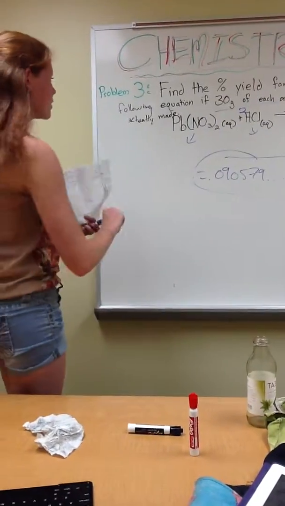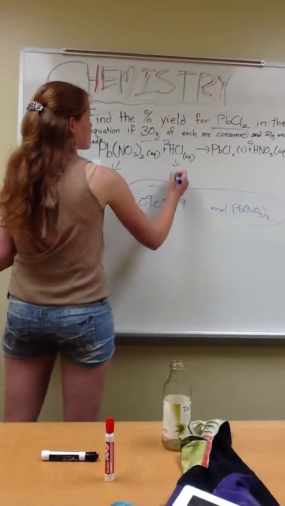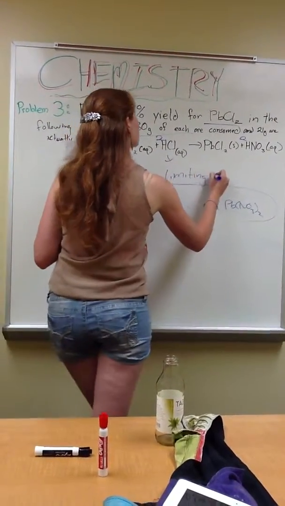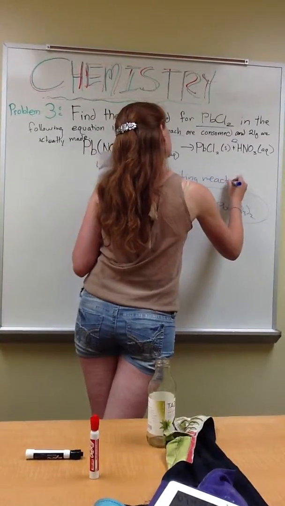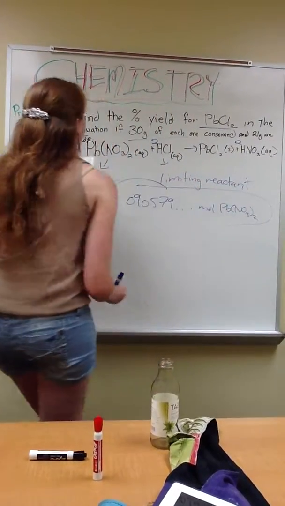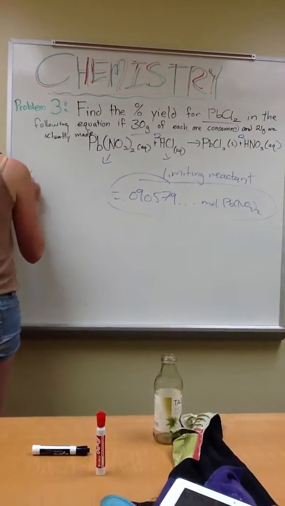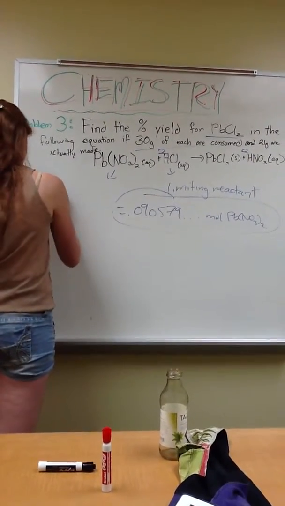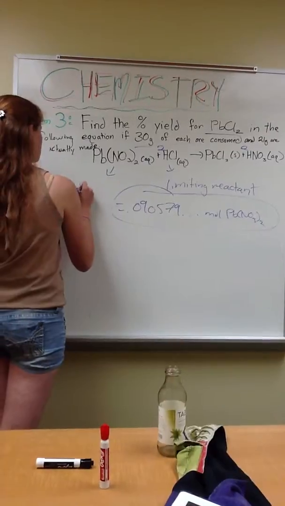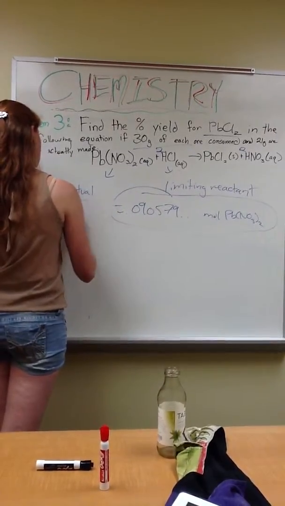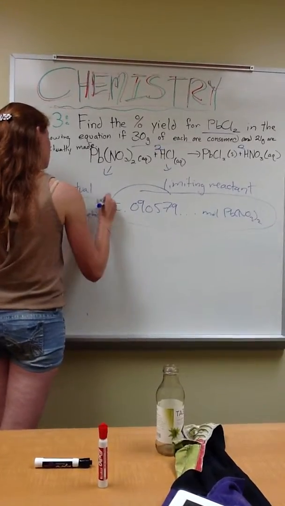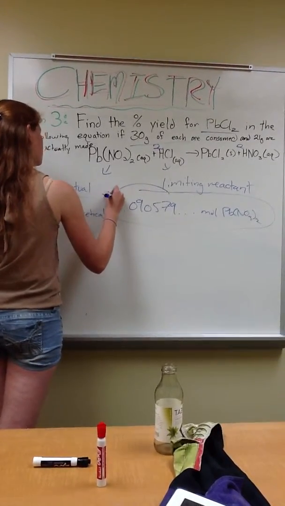So, now that we know this is the limiting reactant, percent yield is actual over theoretical times 100.